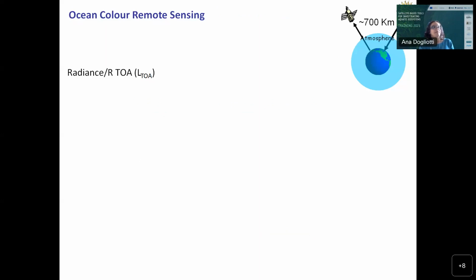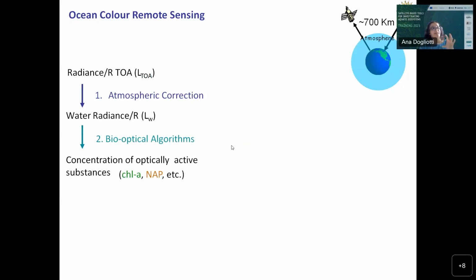So basically, for the ocean color reflectance, we have the radiance or reflectance that arrives to the sensor. We need to apply the atmospheric correction to get the water reflectance or radiance that I mentioned. And then we apply bio-optical algorithms. So the idea is to have an equation that gives us the concentration of the optically active substances that we're interested in estimating.